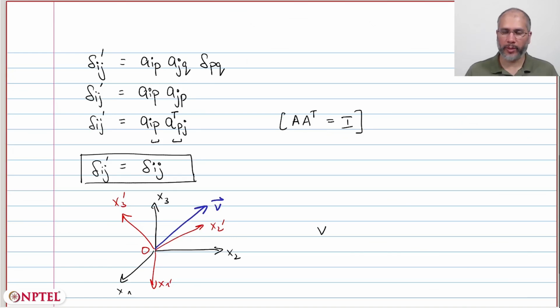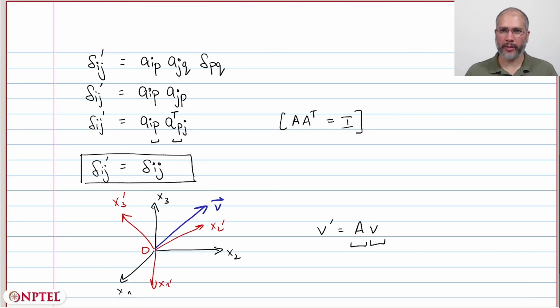Now the new components of the vector will be the transformation matrix A times V. So we can see that in this case V prime depends on the transformation matrix A, that is, it depends on the amount of rotation of the coordinate system, and it also depends on the initial vector V. So in most cases we'll expect that these V prime components will be different.